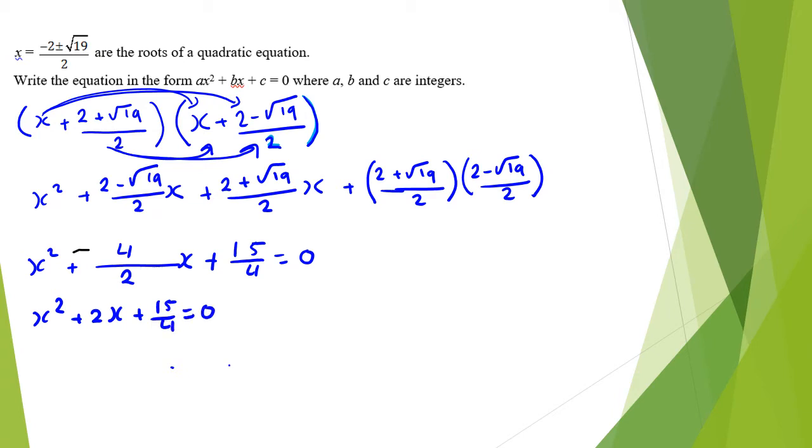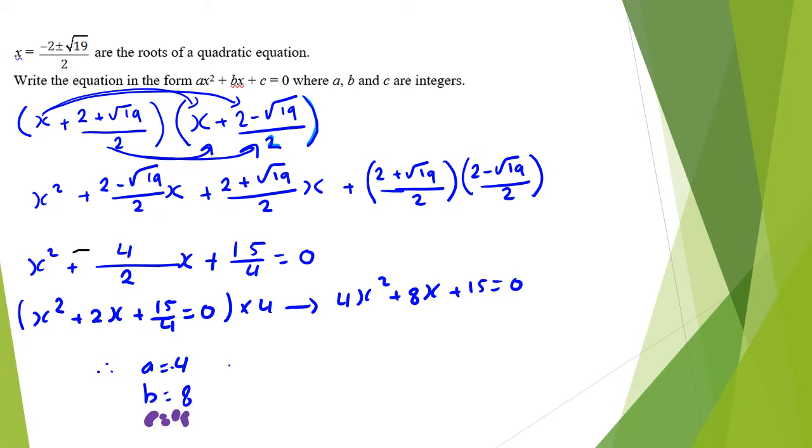Then if I multiply the whole equation by 4, I end up with 4x squared plus 8x plus 15 equals 0. So A is 4, B is 8, and C is 15.